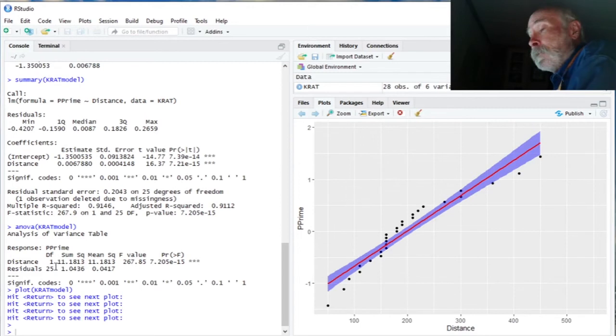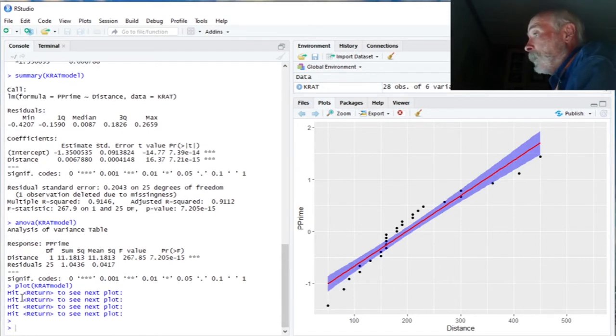We could compute the R-square relatively easily, either the R-square or the adjusted R-square. The R-square is going to be simply 11.1813 divided by the sum of 11.1813 and 1.0436, and then the adjusted R-square is going to be the mean square value right here divided by the total mean square.